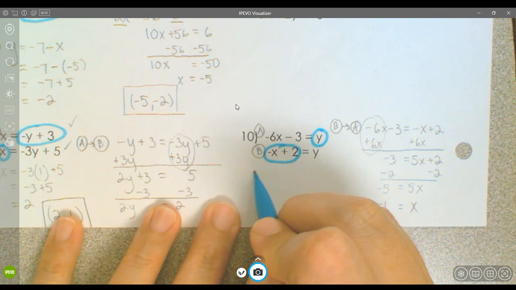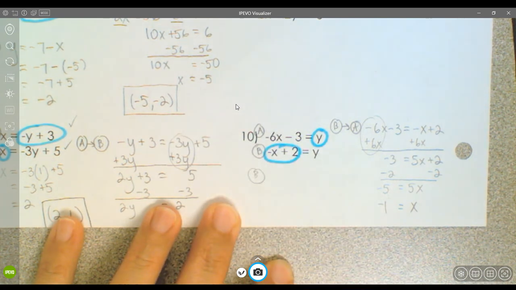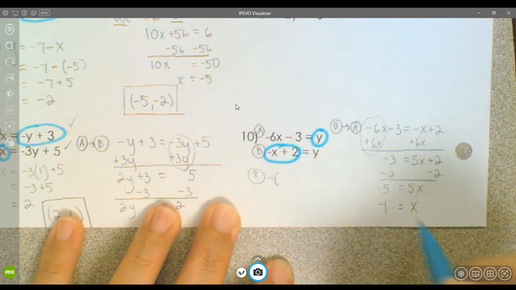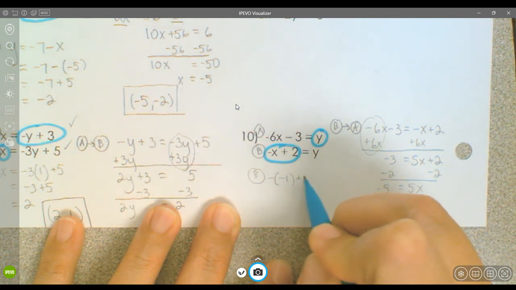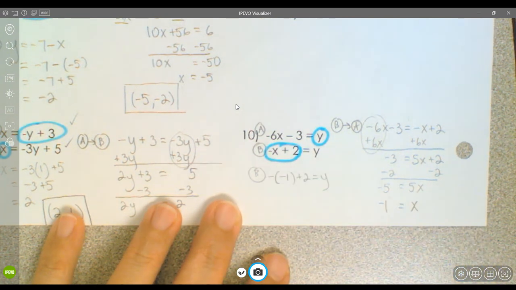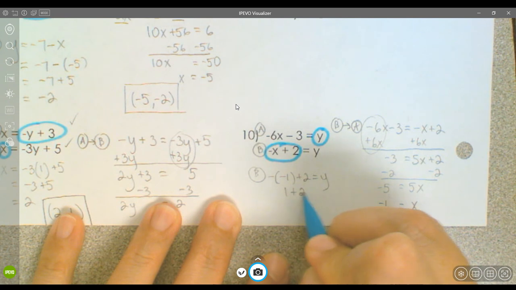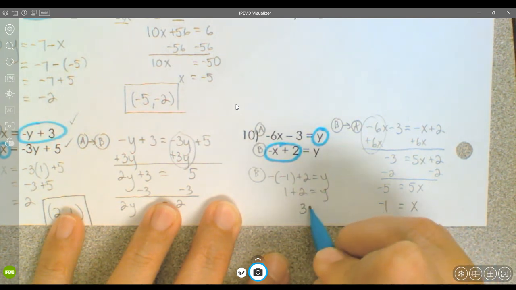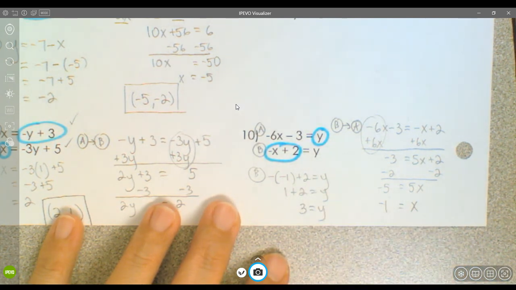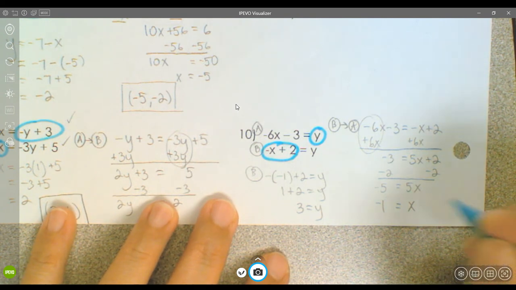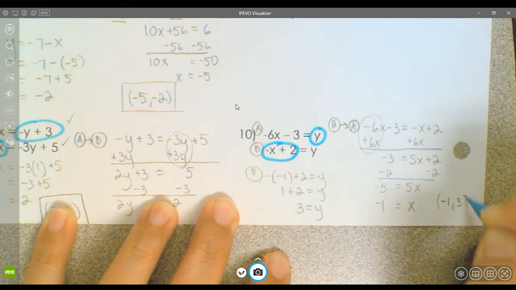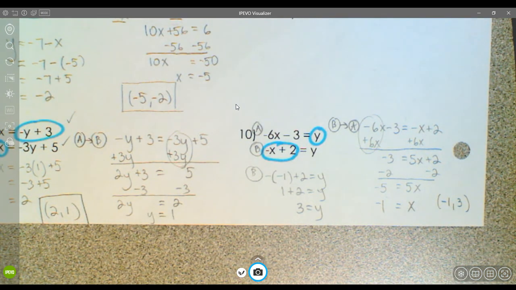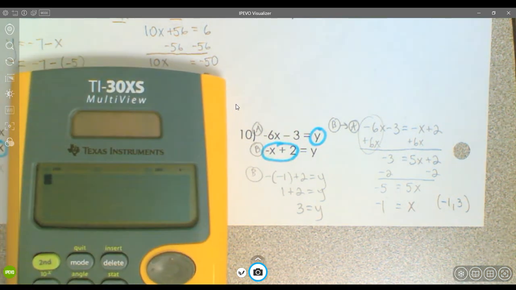And when I substitute this into equation B, the negative of x plus 2 equals y. If 1 plus 2 equals y, then 3 equals y. And I've totally run out of room here. I think my ordered pair is negative 1, 3. So let's try it.